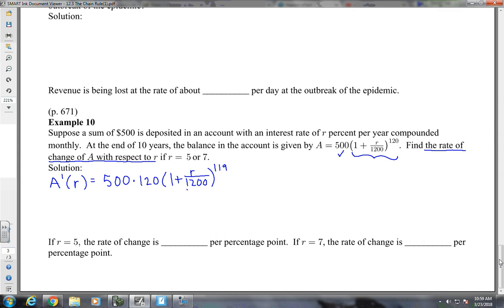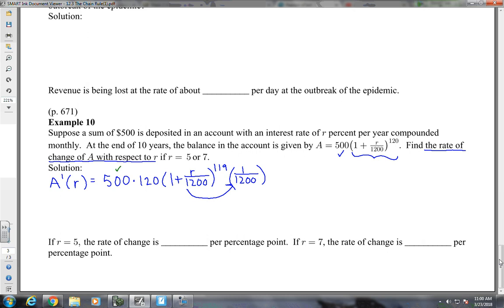Then the chain rule says, because the base was something other than just an R, we need to multiply by its derivative. Well, the derivative of 1 is 0. Thinking of R over 1200 as the constant 1 over 1200 times R, the derivative is just that constant 1 over 1200.